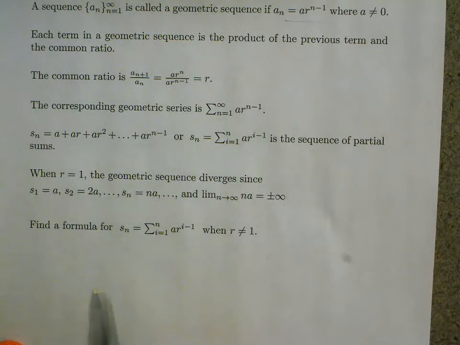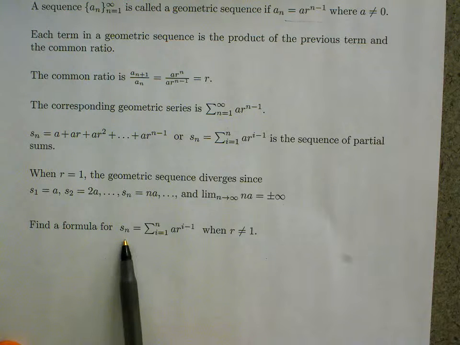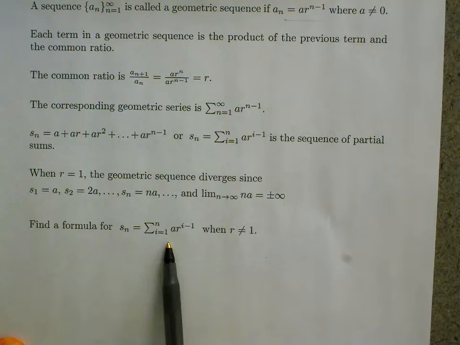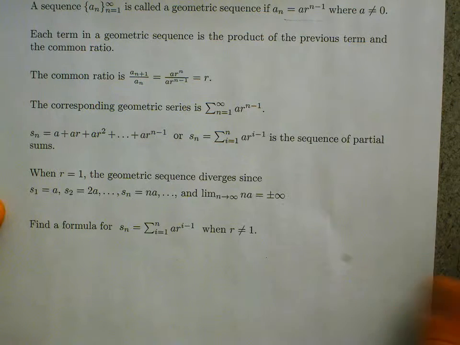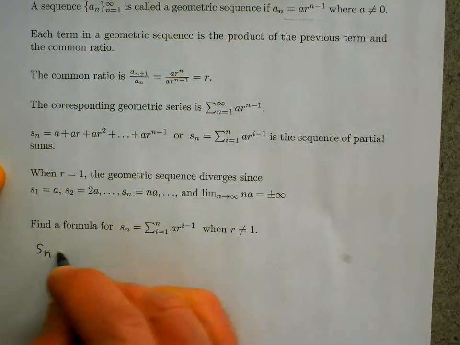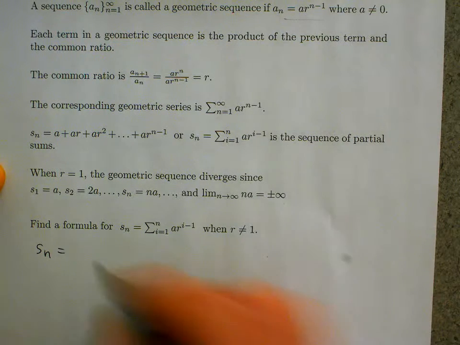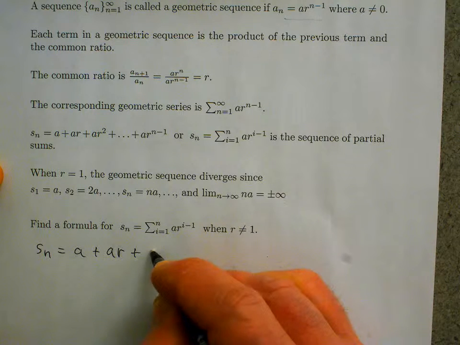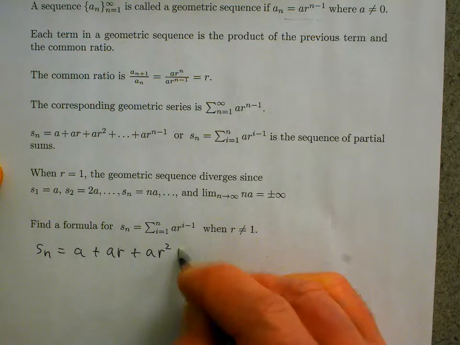Okay, let's find a formula for S sub n. So this is a partial sum. We're just adding the first n terms of the geometric sequence. Okay, first I'll write S sub n out as a plus a times r plus a times r to the second, and so on.